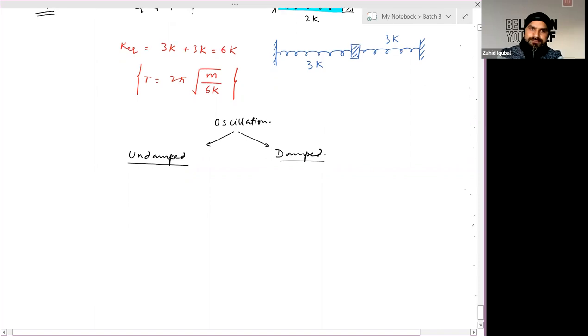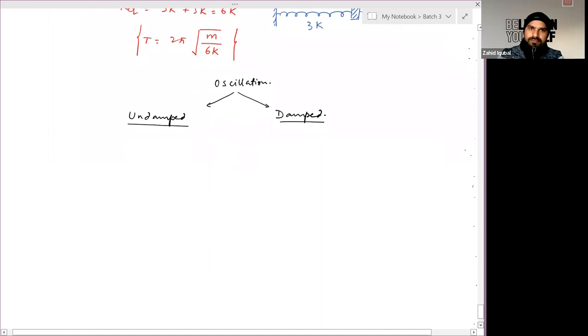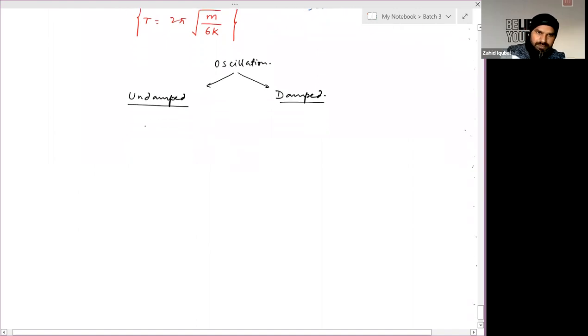Suppose a spring mass system, and the other one.